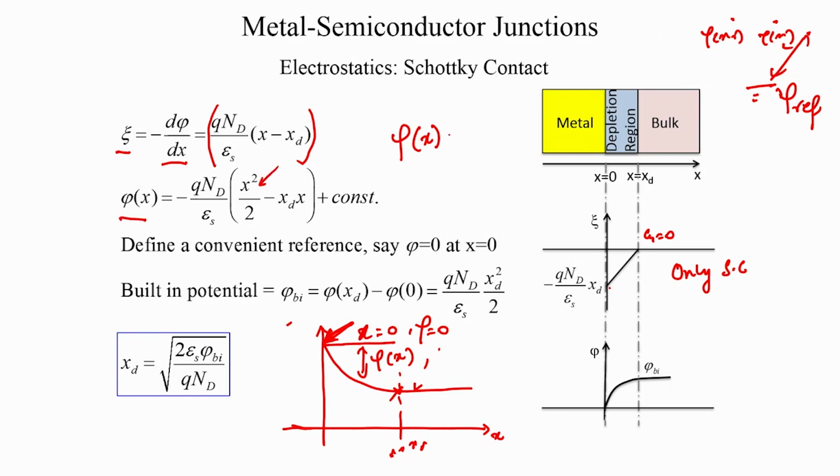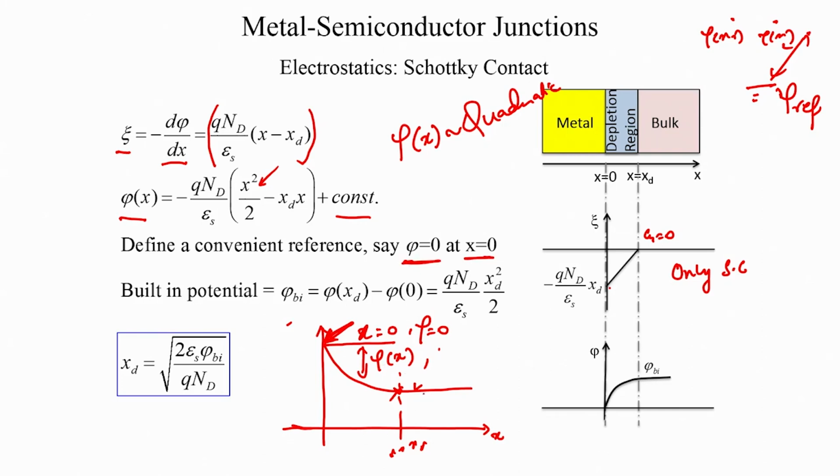So it is a quadratic variation with distance, plus an integration constant. Now, this integration constant really does not matter, because we are going to measure phi of x with reference to some other location, but we could use that reference point to identify that constant, and we say that we have chosen our reference to be x equal to 0 is where phi is equal to 0.